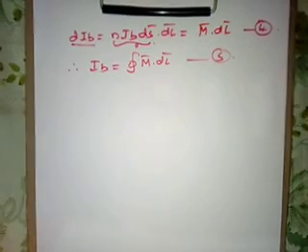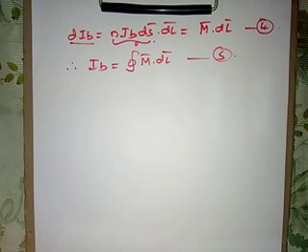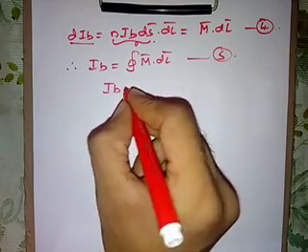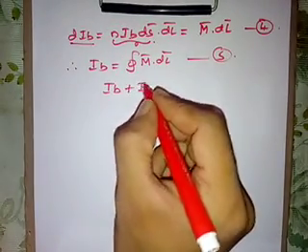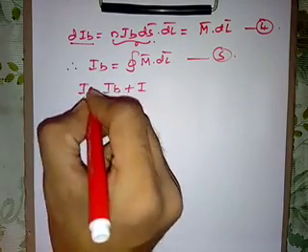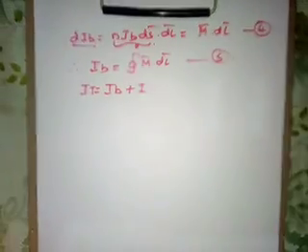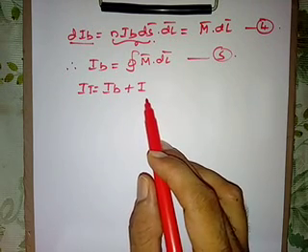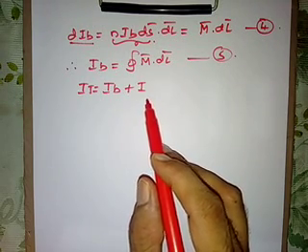Then what will be the total current of the material? The total current of the material will be the bound current IB plus the free current I. So the total current is the bound current, due to bound charges, plus the current due to free charges.